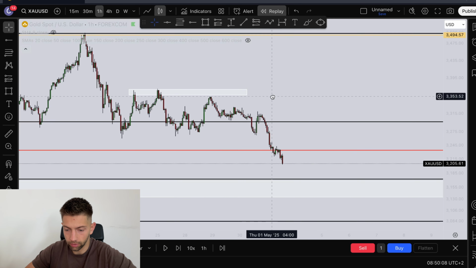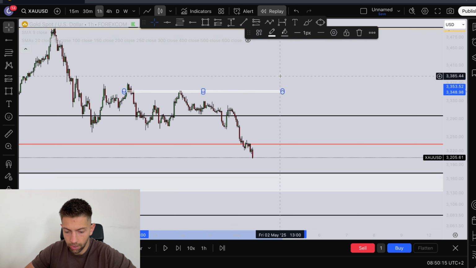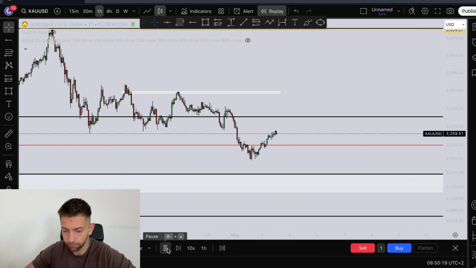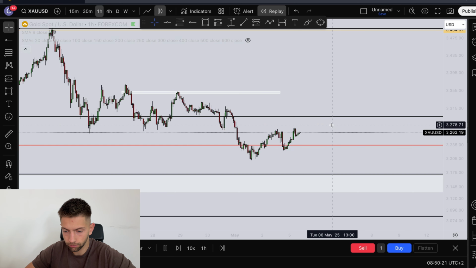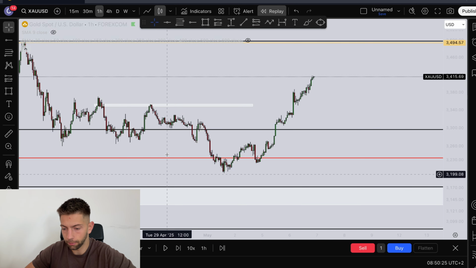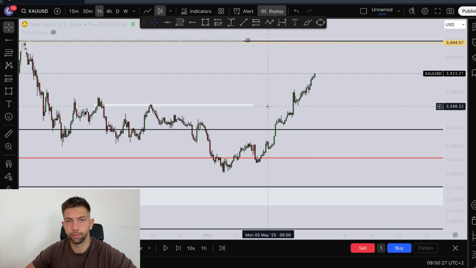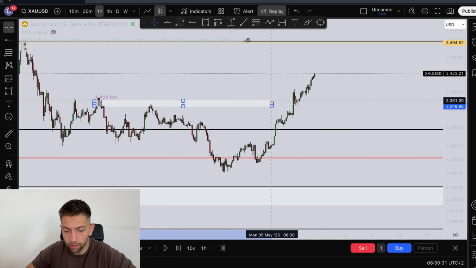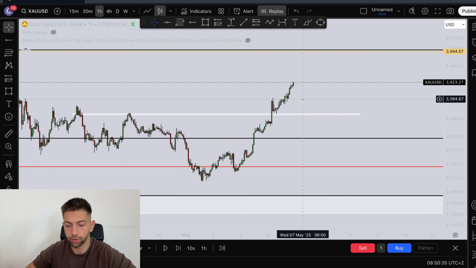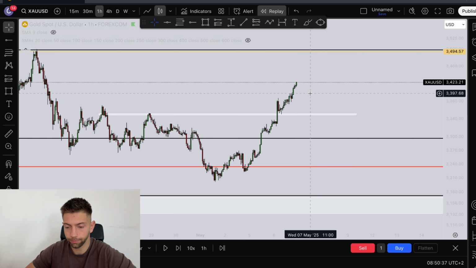So in this case, it's going to be this high right here, and let's play it. And this high got broken right here. So same principle. I'm going to be applying the same principle. You can check this trade after, because this is recent price action. Let's see what's going to happen.